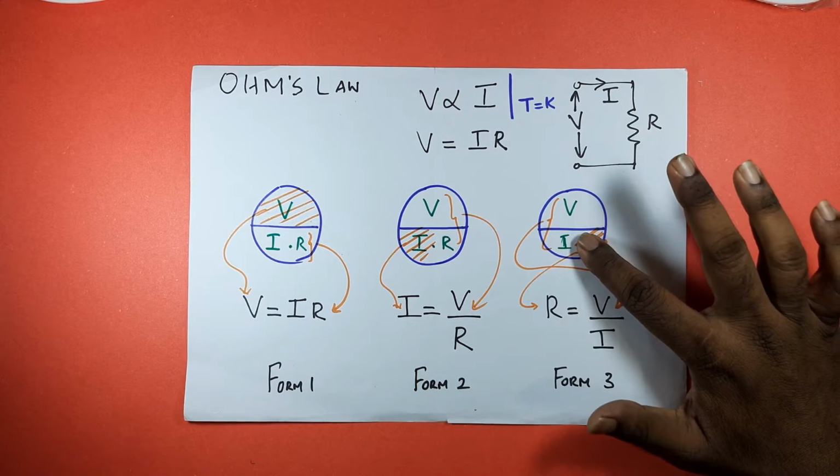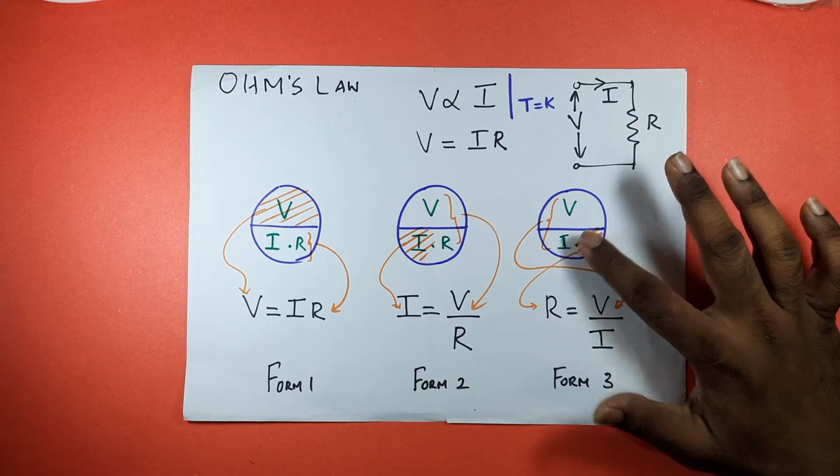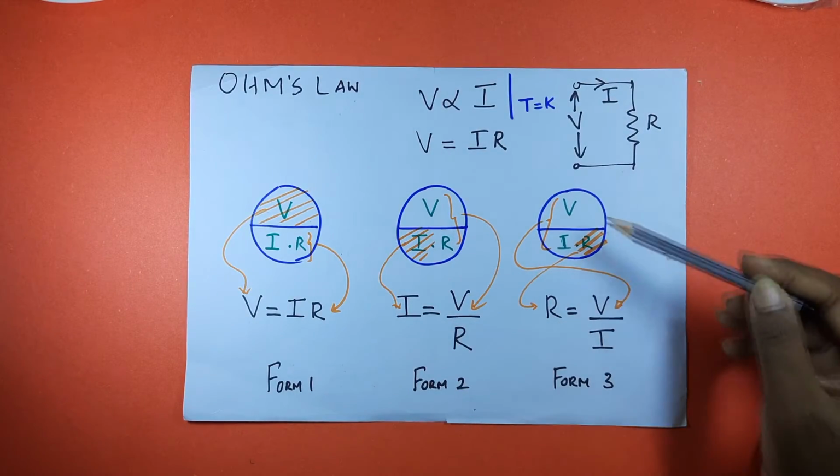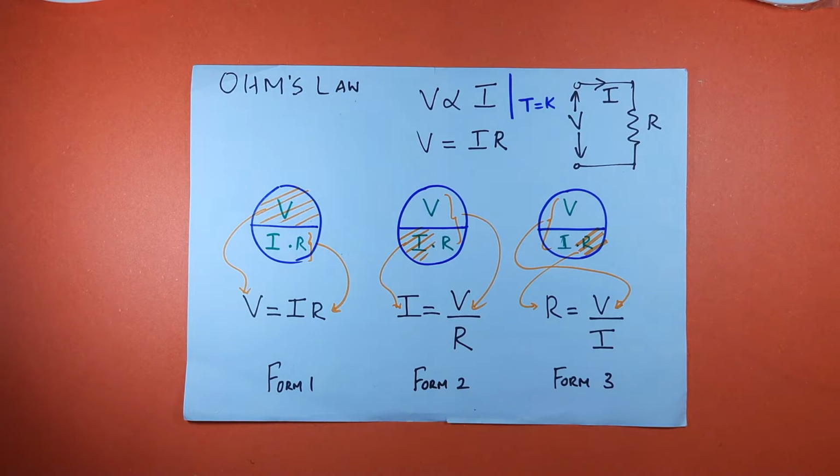Suppose I close this R, third form is V by I. So we have three forms of Ohm's law: V equal to IR, I equal to V by R, and R equal to V by I. And whenever you define Ohm's law, remember that the temperature must be kept constant. Then only your Ohm's law is valid.